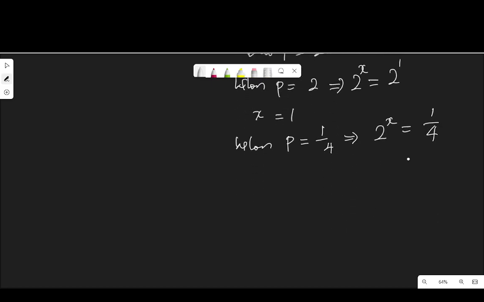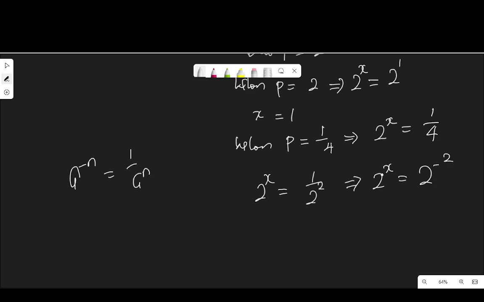And I'm trying to find the value of x here, so I want to make this fraction have a base of 2. So I have 2 to the power of x equal to 1 over 2 to the power of 2, which implies 2 to the power of x is 2 to the power of negative 2. From the law of indices that says a to the power of negative n is 1 over a to the power of n.